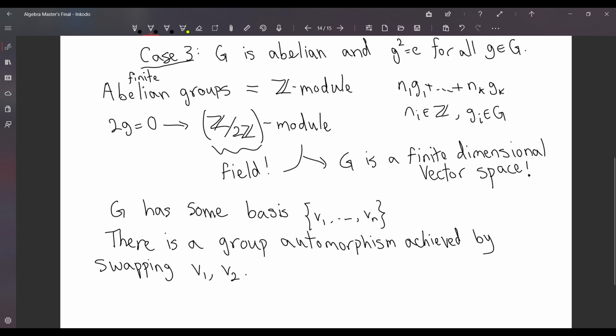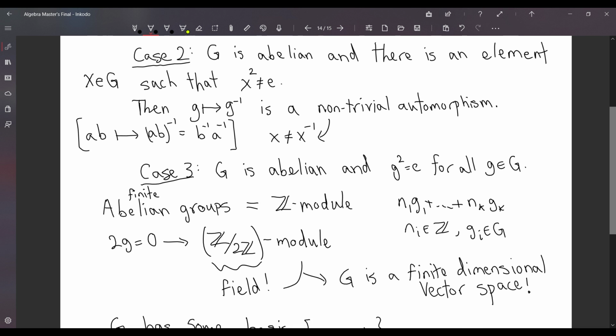You can swap any two of the basis elements, and this is actually going to define an automorphism on the group because it doesn't matter what the basis is. Obviously the vector space structure is going to stay the same, but this permutation is going to swap around the group elements, but in such a way that the structure of the group actually stays the same.